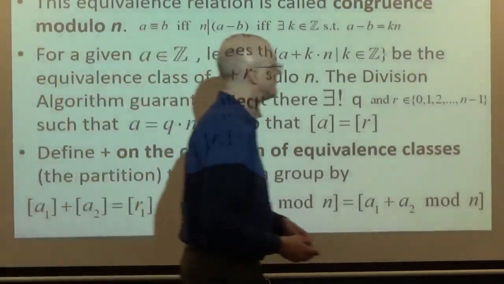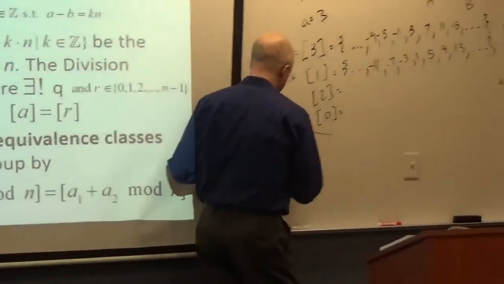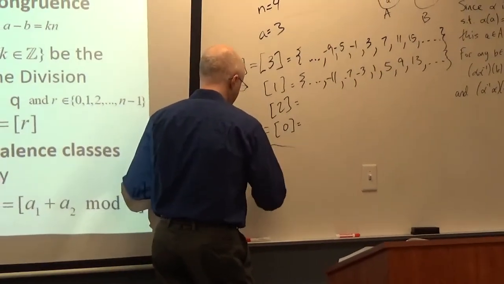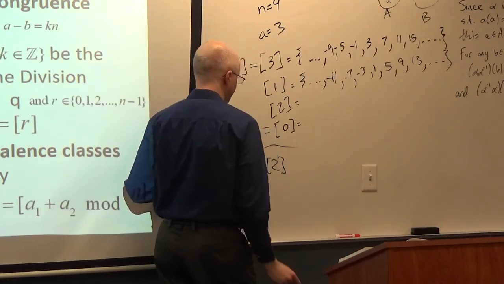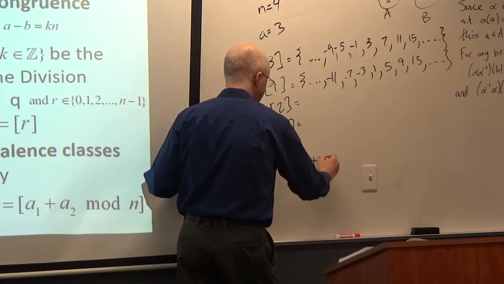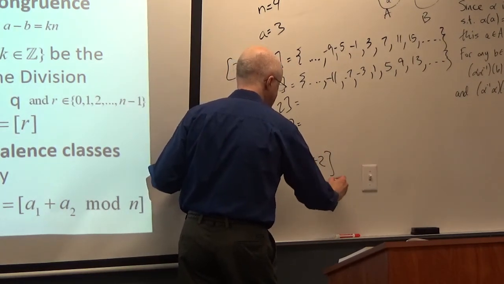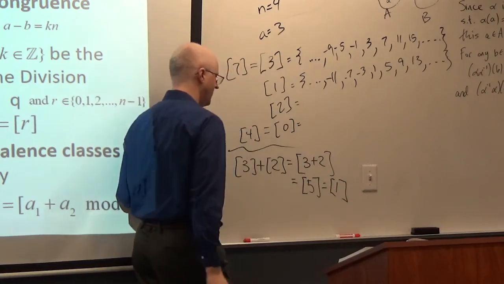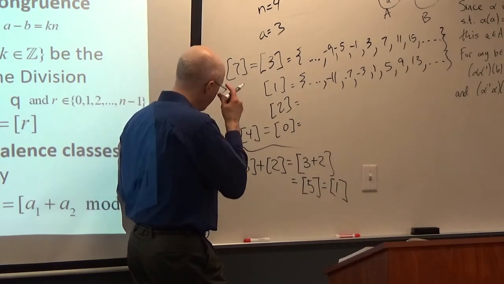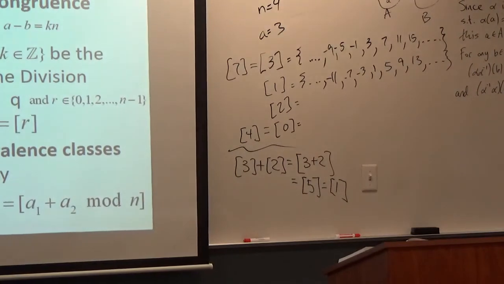So for example, back over here, if I want to add the equivalence class of 3 and the equivalence class of 2, I could either say that's the equivalence class of 3 plus 2, which is the equivalence class of 5, which is the same as the equivalence class of 1. And I guess since 3 and 2 are already less than 4, that's the way I would think about it.